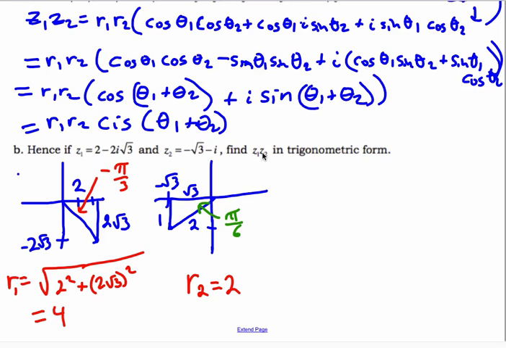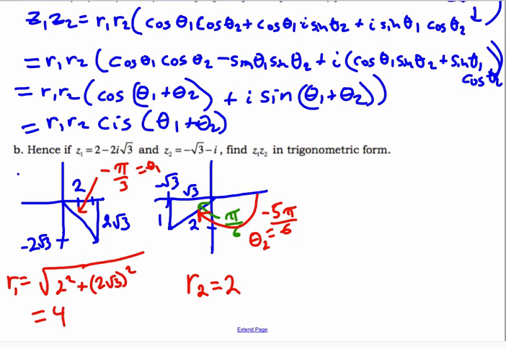However, we're looking at it from the positive real axis, so this angle is actually negative pi plus pi over 6, which is negative 5 pi over 6, right? Okay, so we'll call that theta 2. And this one's theta 1.